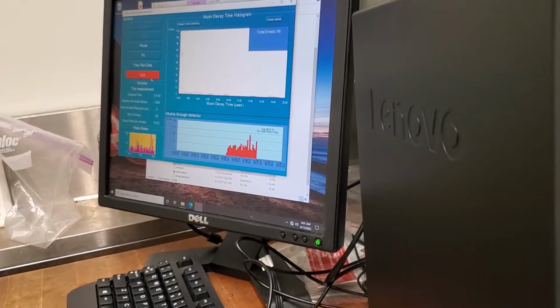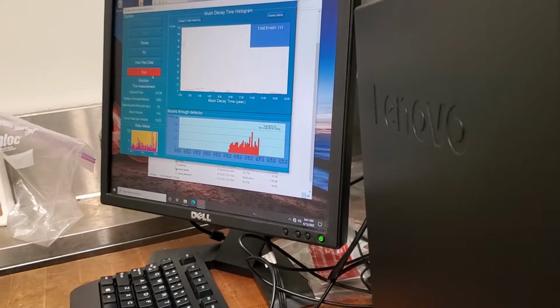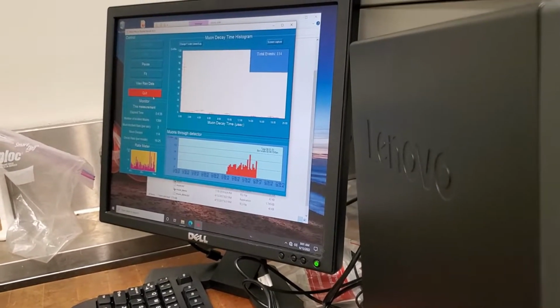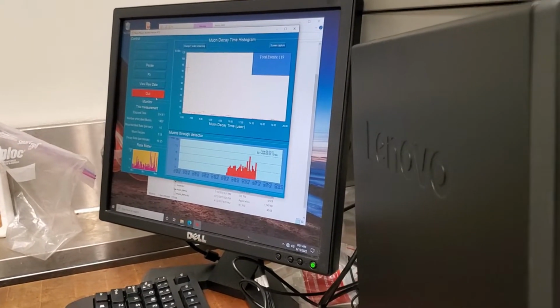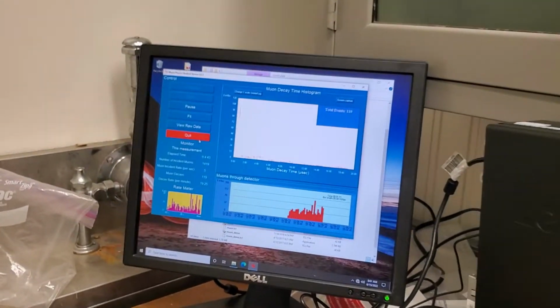The number of muon decays always seems to spike. Alright, out, in. And I don't know why.